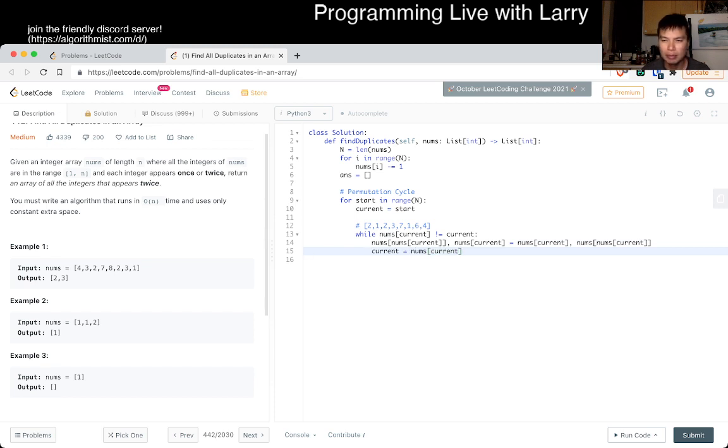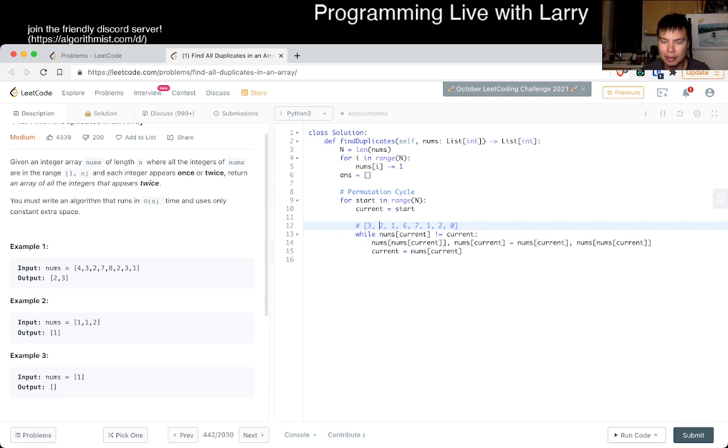Or maybe, yeah. Right? So for example, we had 3, 2, 1, 6, 7, 1, 2, 0. Then now we swap the 3 with the 6. Oops.